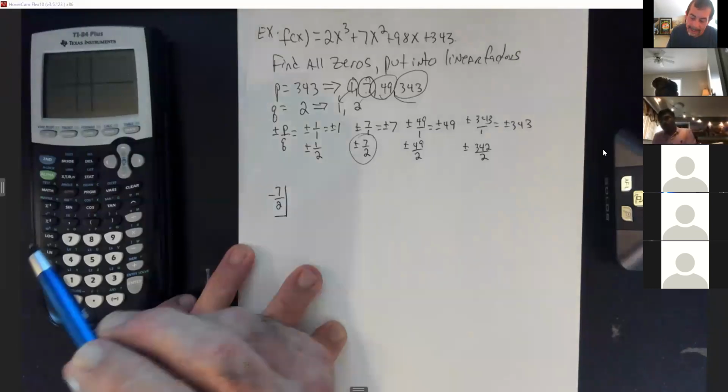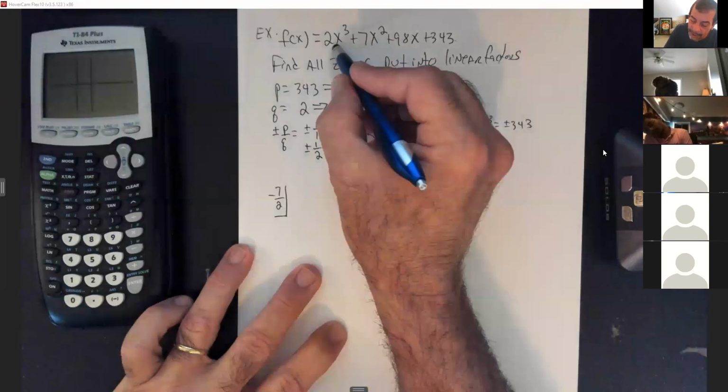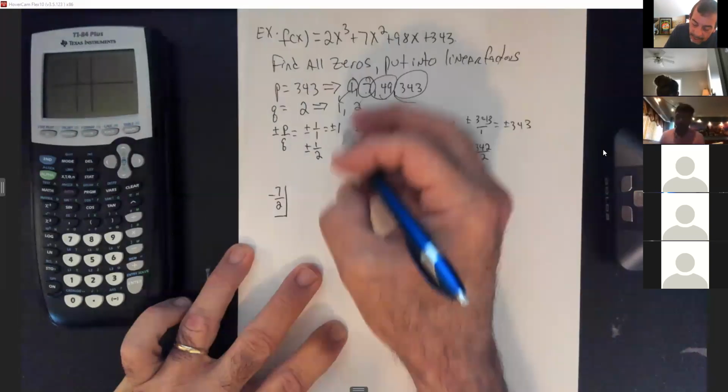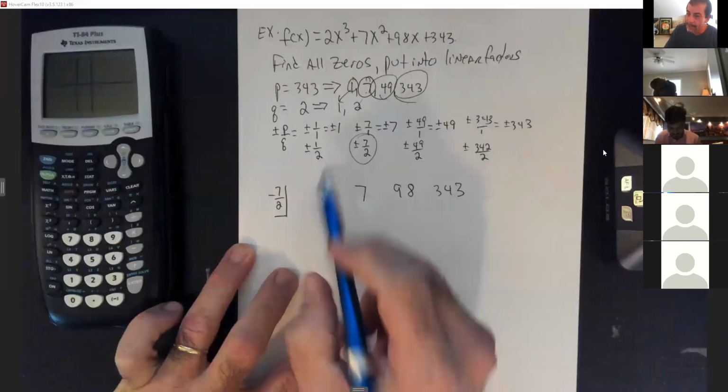All right, so now that we got the -7/2, we're going to write our coefficients, which is a 2, a 7, a 98, and a 343. So no zeros this time because every placeholder was there.